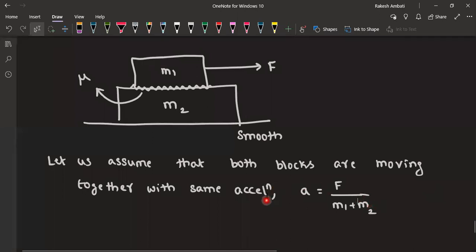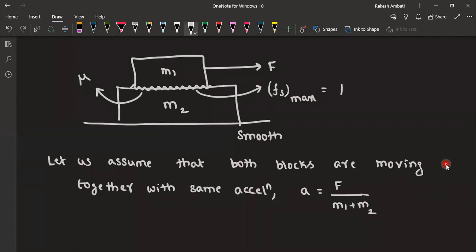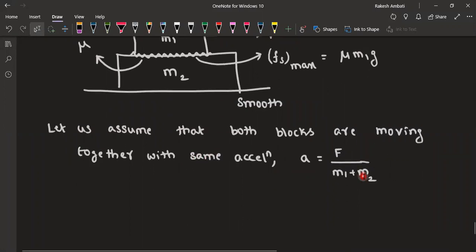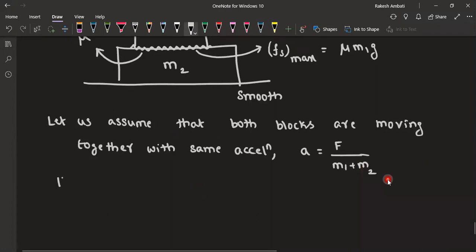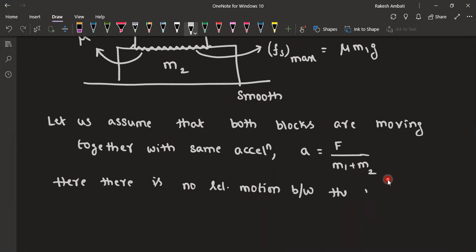Now, between the blocks, what is the value of Fs maximum? Mu into M1g. Both are moving together with the same acceleration, which means there is no relative motion between the blocks.